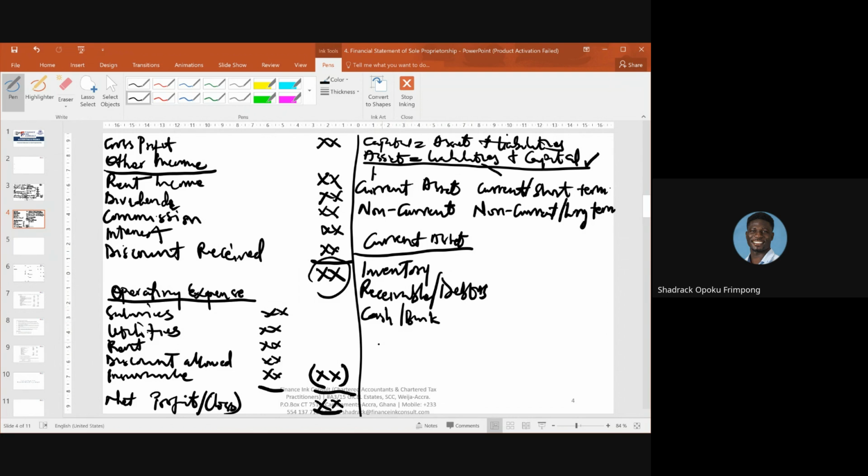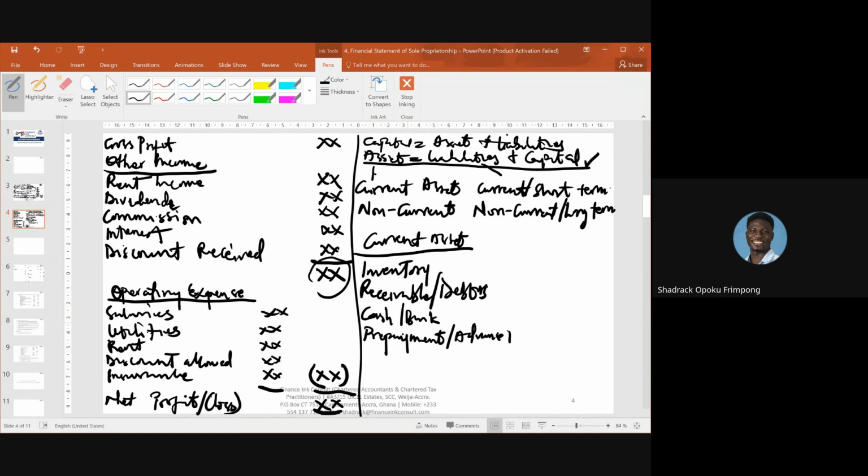There are other things like prepayment. So prepayment is where you have an expense and you have overpaid. Prepayment or advance payment. So example, rent. Realize that in Ghana, we pay about 2 years, 3 years. Some even pay like 10 years in advance. Now, what it means is that the landlord or whoever has received the money in excess is now owing you, right?